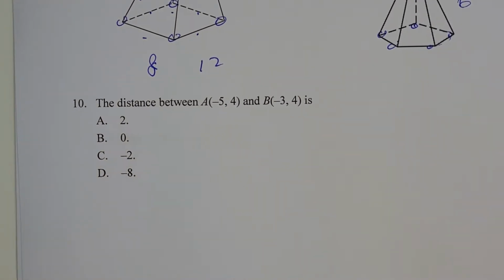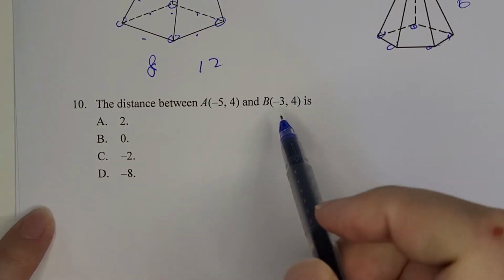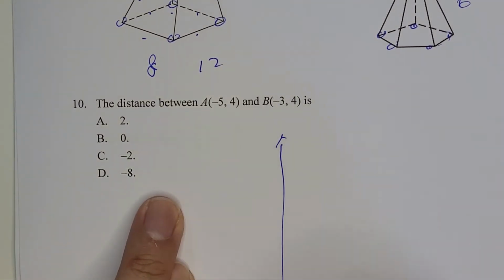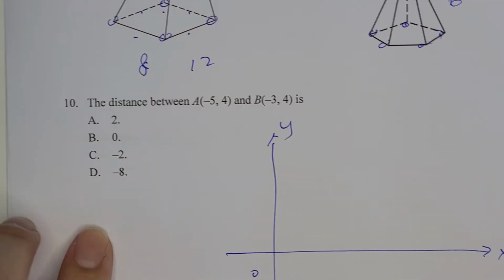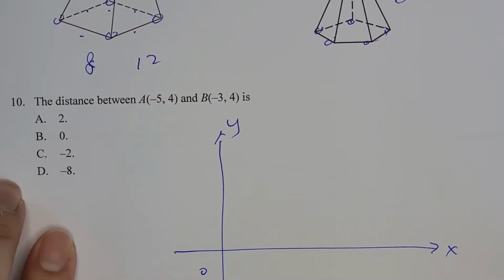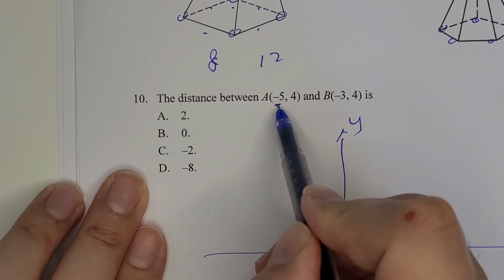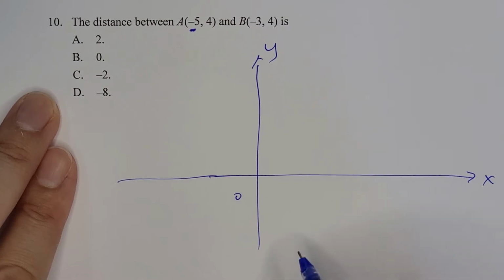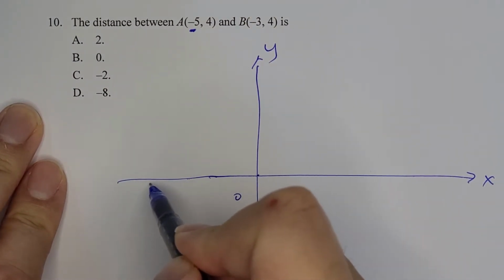Okay, go to question number 10. The distance between A and B is, okay, try to investigate these 2 points. Point A is negative 5, 4. You look at this one first. Negative 5 means you are starting from the origin, go to the left hand side 5 units.